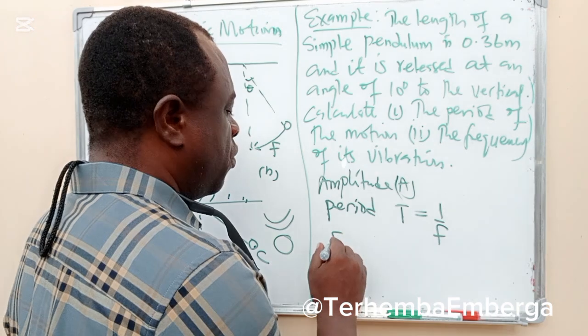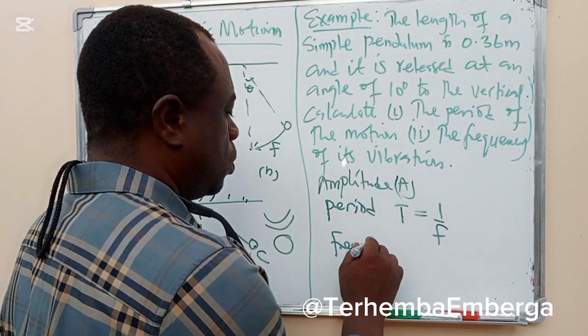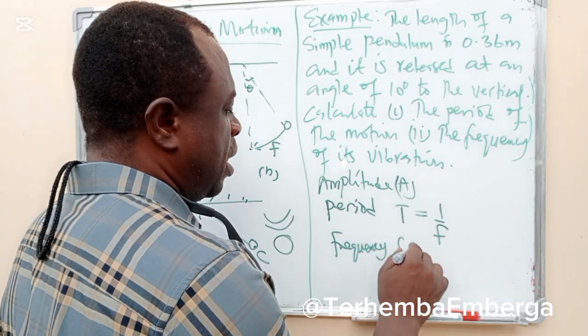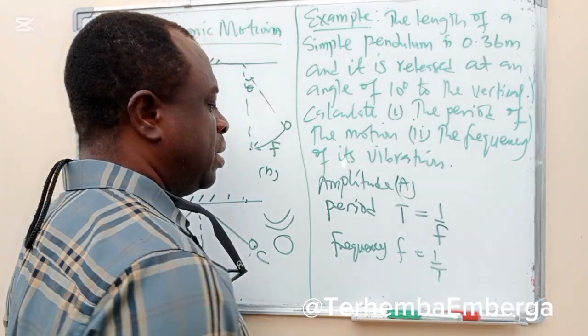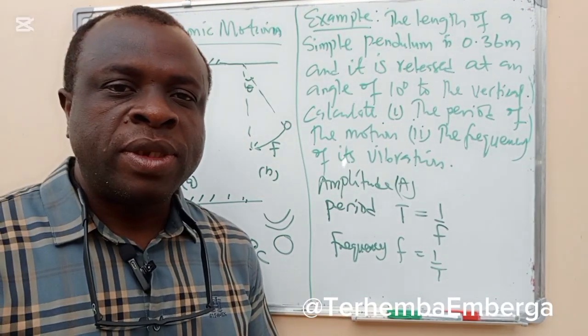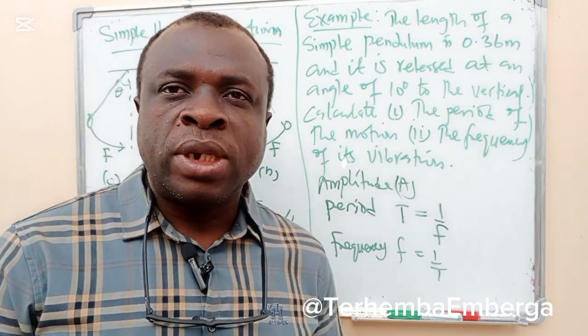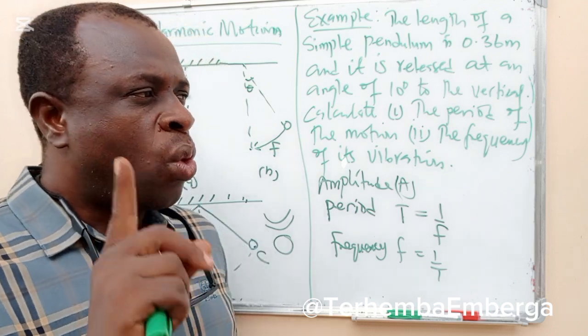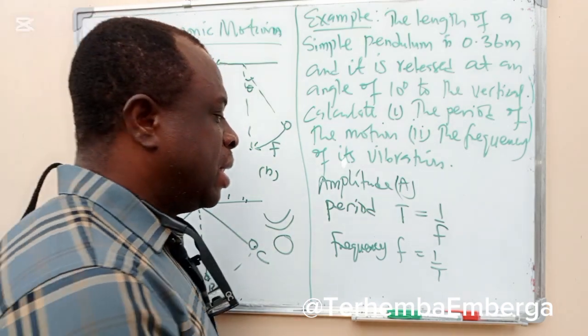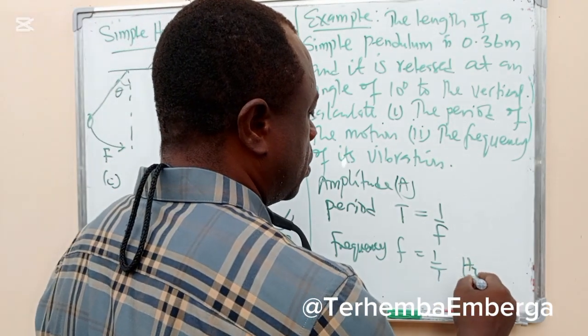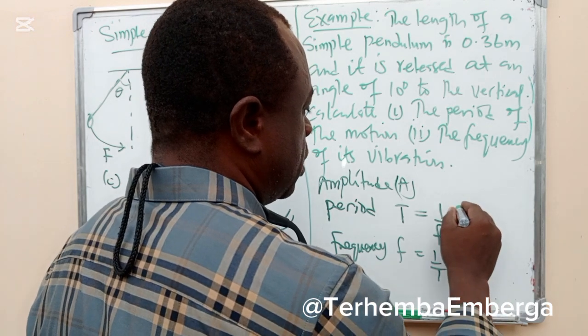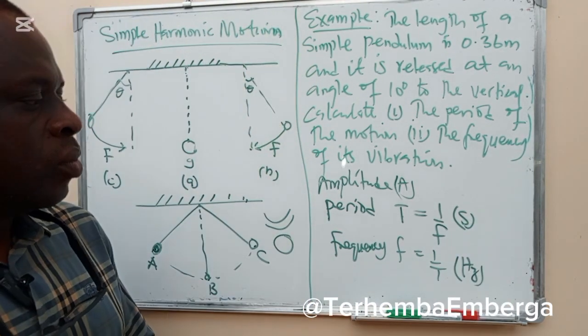Then we also have what we call frequency. f is 1 over T. Frequency is the number of circles or oscillations completed in 1 second. And it is measured in hertz. Period is measured in seconds.